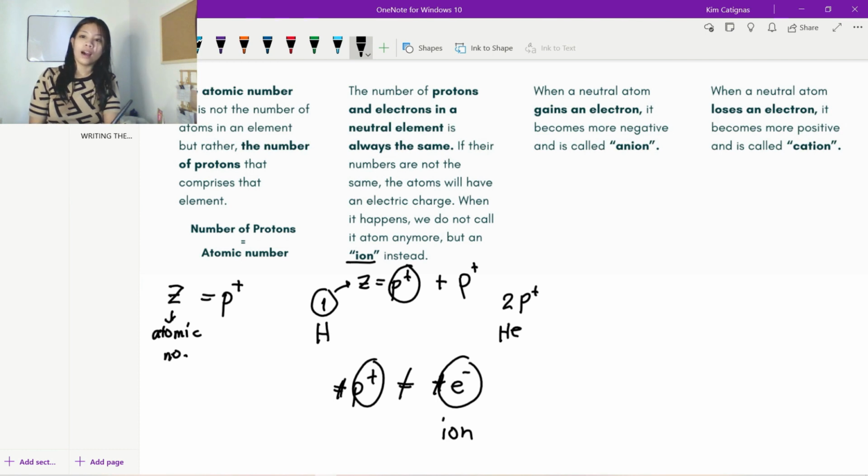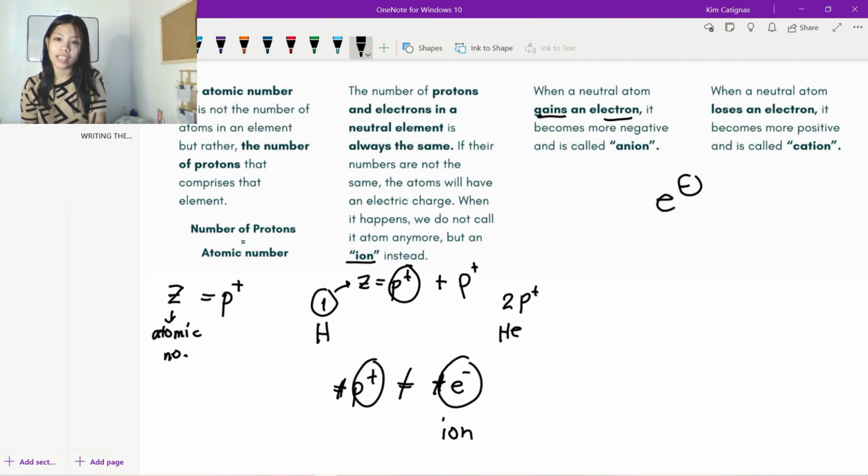And when a neutral atom loses an electron, it becomes more positive and is called a cation. So, alam naman natin kung bakit. Siyempre, ang electron po kasi negative charge siya, diba? So, negatively charged particles. So, ibig sabihin, kapag pala ang isang atom ay nag-gain siya ng electron, of course, magiging more negative siya. And that is called an ion. And if nag-lose siya ng electron, magiging more positive siya, and that will be called cation.